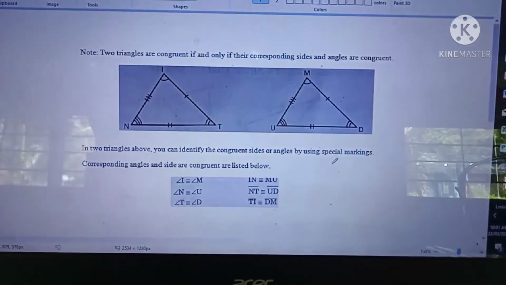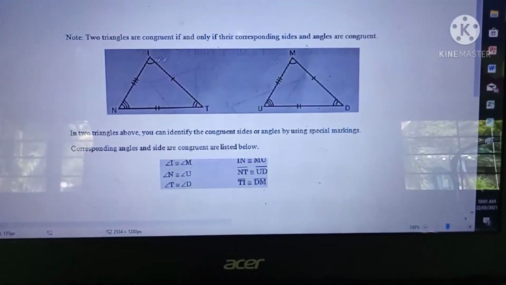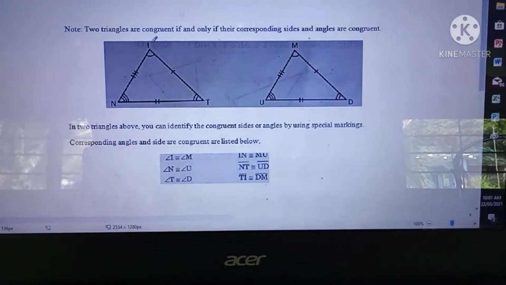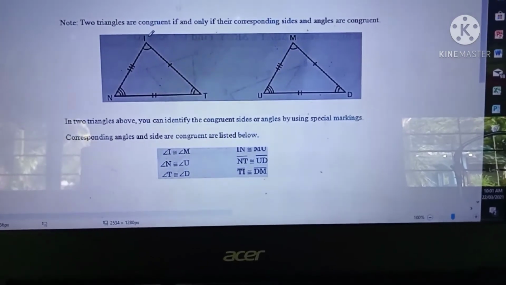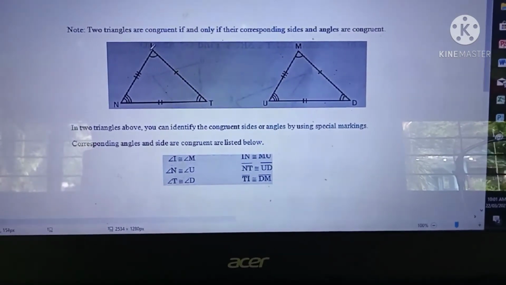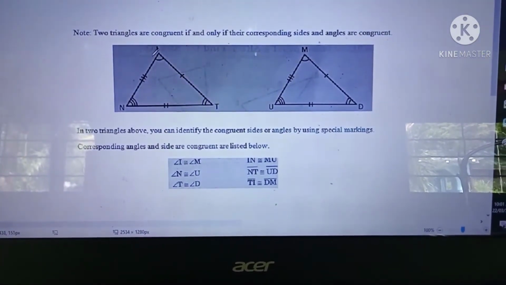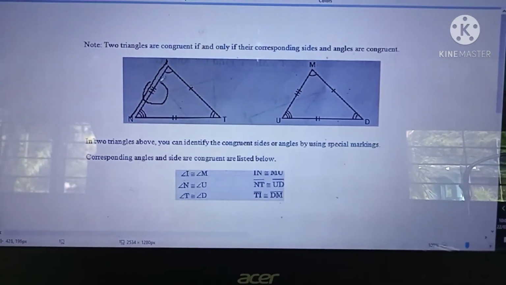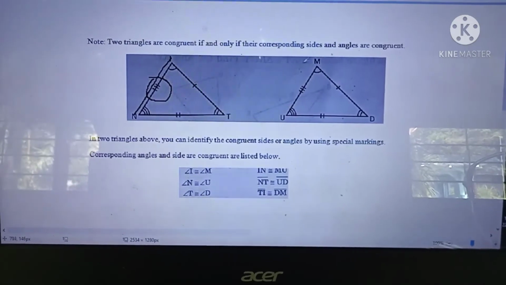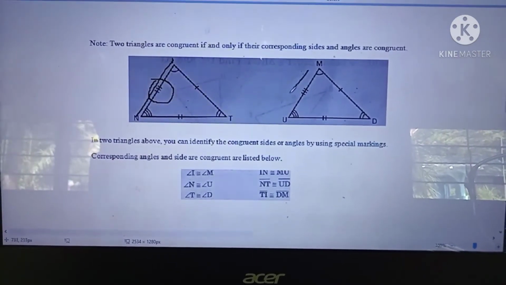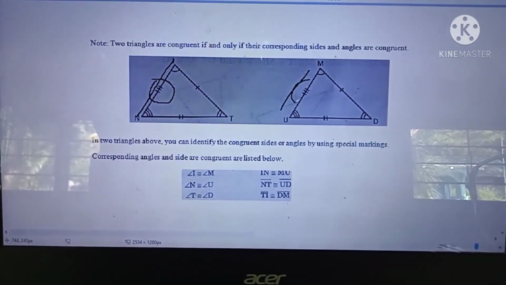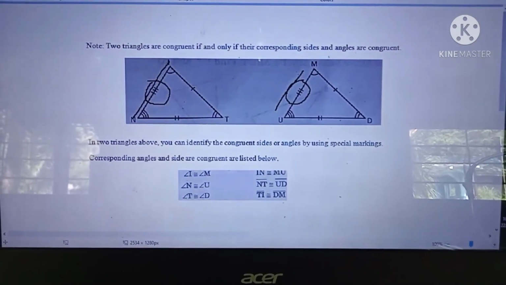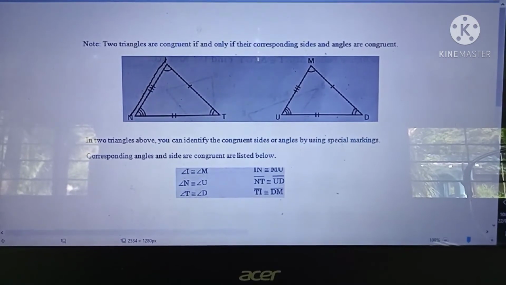Okay, so look at this one. Side IN has 3 bars. Okay, and this side MD or MU has also, so the two sides are congruent.